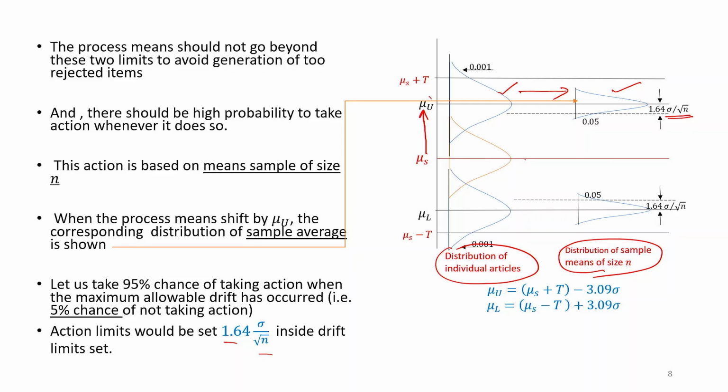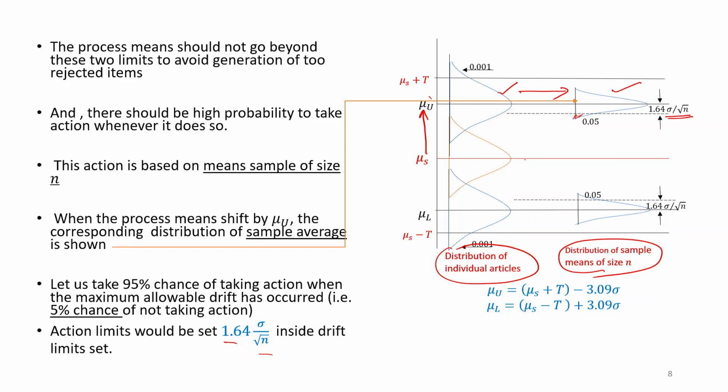Why is it 1.64? Because once the mean has shifted, the chance of rejecting is going to be how much?